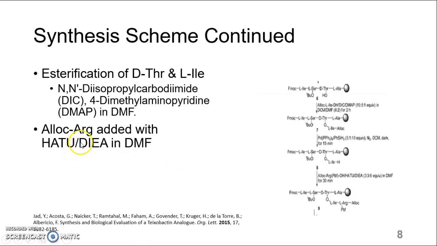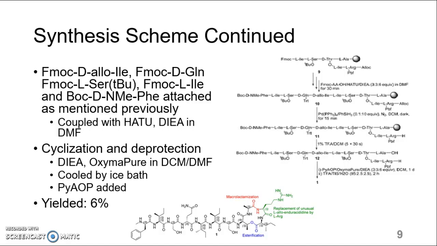The alloc arginine is dissolved in HATU and DIEA and DMF, and the attachment is done that way because that would be the only amino group that is free to react with the arginine's carboxyl group.